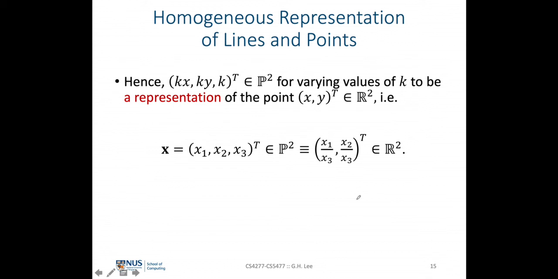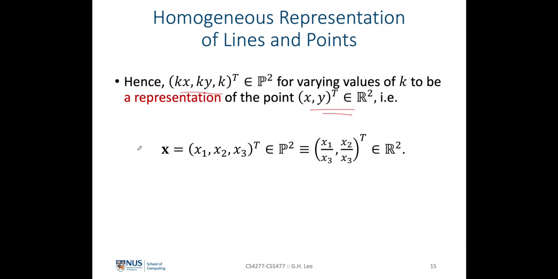Hence, the representation that we have described earlier of kx, ky, and k in the projective 2D space for varying k value is a valid representation of a point in the Cartesian coordinate space. And this shows the validity of our definition of the point in the projective space using homogeneous coordinates.